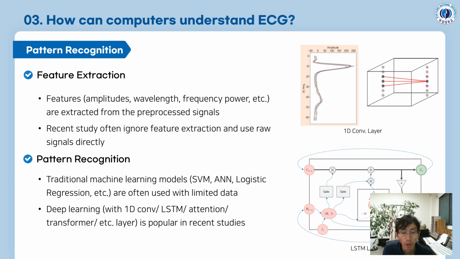But if you have a lot of data, then you can use deep learning directly. When you are using deep learning, we can use one-dimensional convolution and LSTM, long short-term memory, and attention and transformers, and so on. There are so many models and so many layers we can use. These days, deep learning is the most popular.